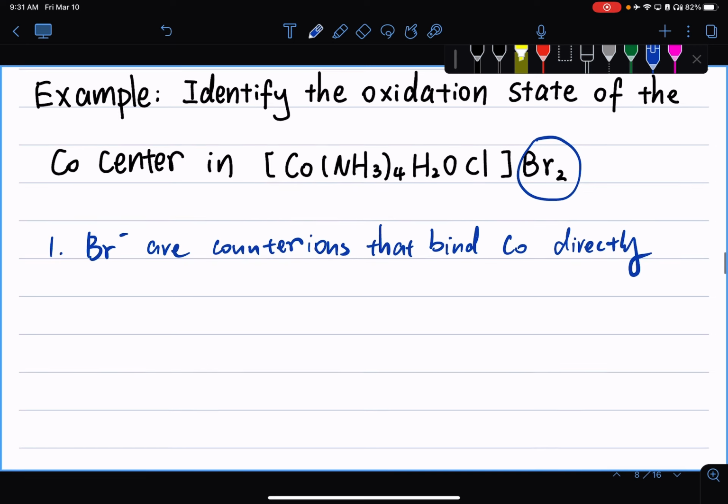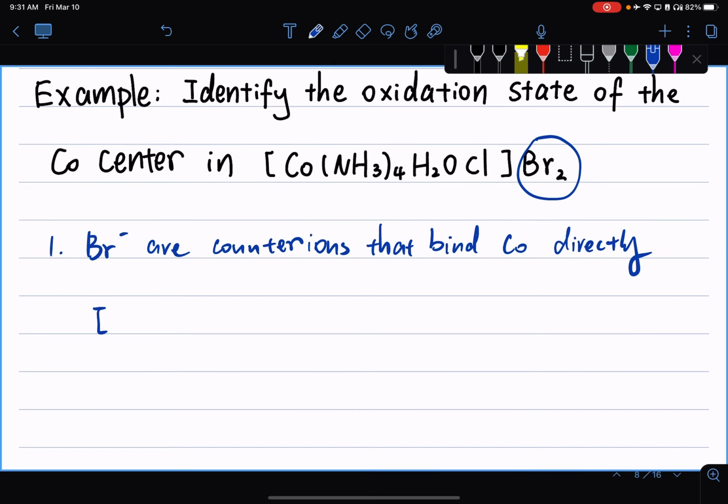So removing that counter ion, our actual cobalt complex has cobalt, NH3, H2O, Cl, and 2+.